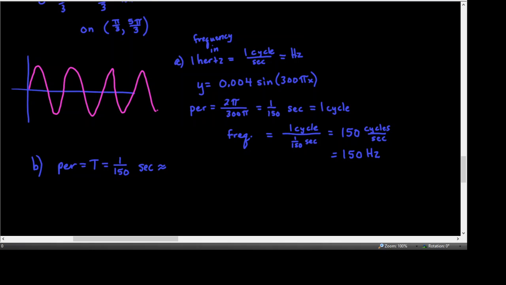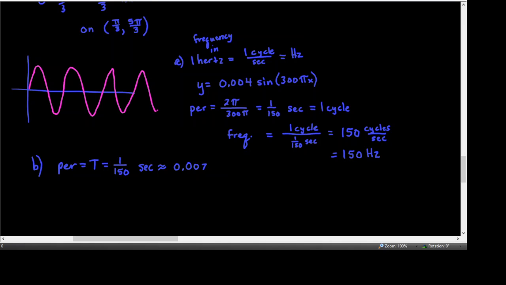So 1 divided by 150 is about 0.00, and then 6 repeating is what it actually is. So that would round to, they didn't tell us how to round, did they? No. So we're going to round to 3 decimal places and call that 0.007.